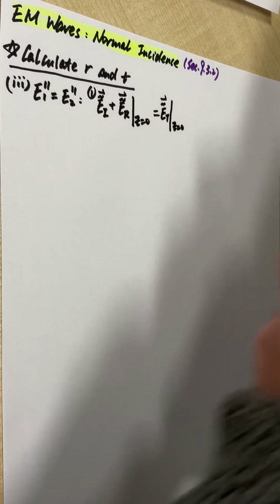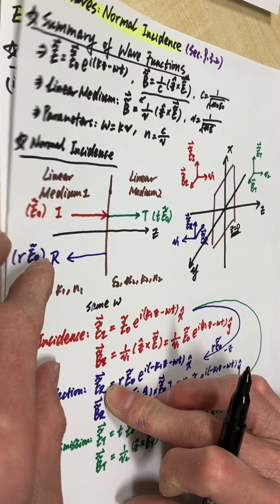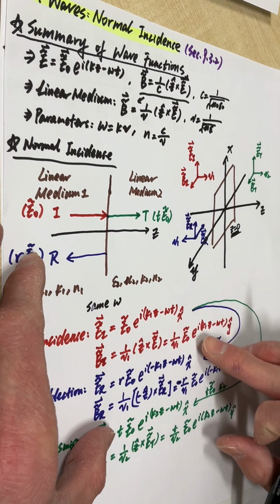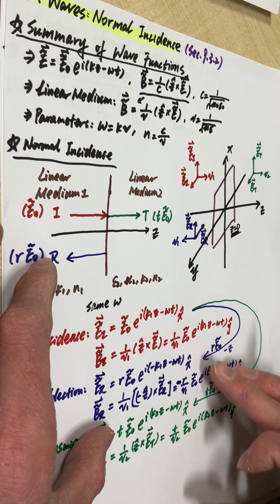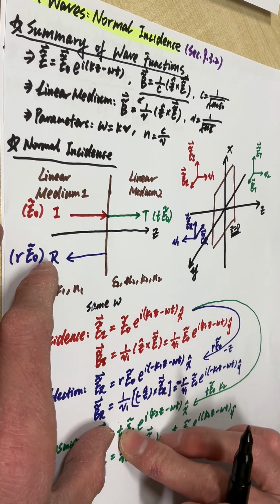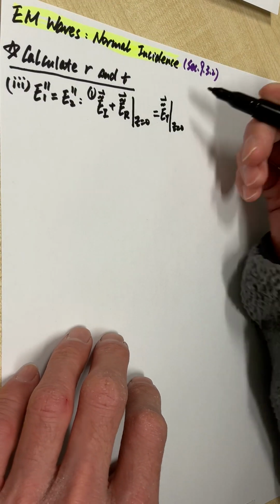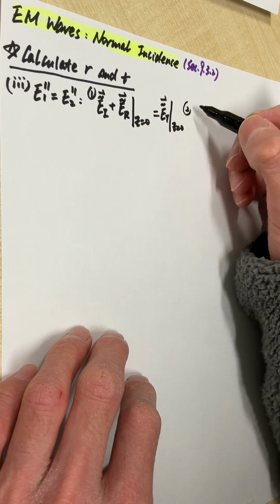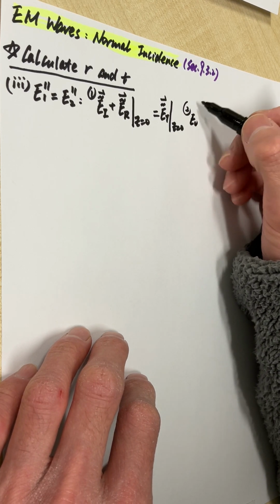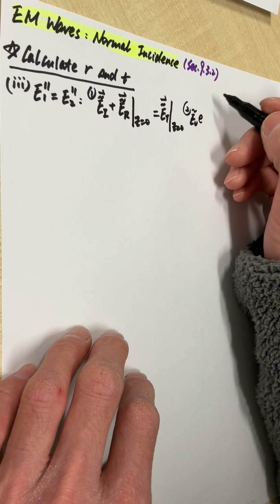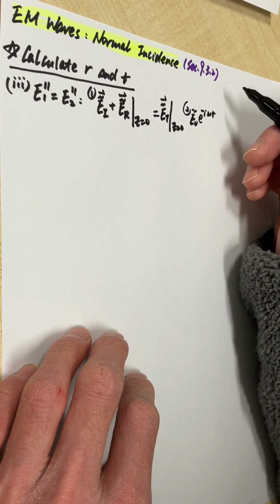If we put all of these equations together, we have E_I plus E_R equals E_T at z equal to 0. Then we would have some relationship between R and T. So the second step: E_I is E0 e to the i(kz) with z equal to 0, so we only have e to the minus i omega t.